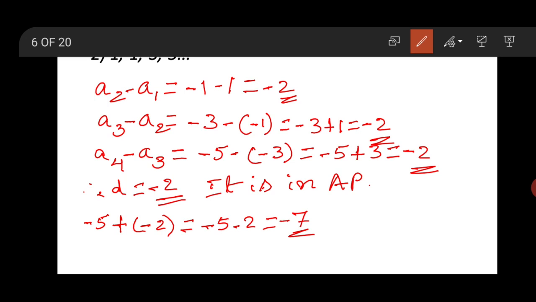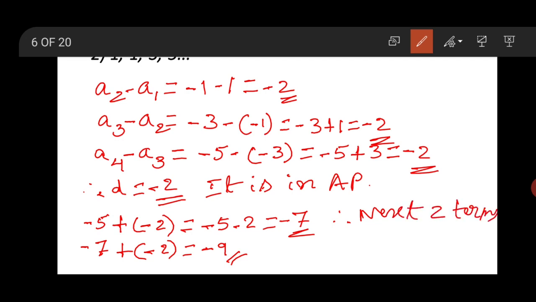Again, next, minus 7 plus the common difference minus 2, we will get minus 9. Therefore the next two terms are minus 7 and minus 9, right?